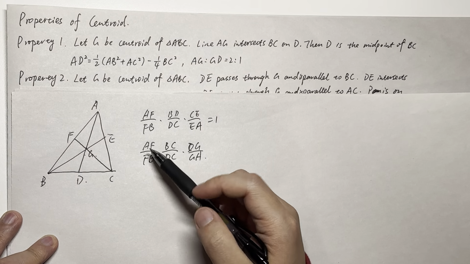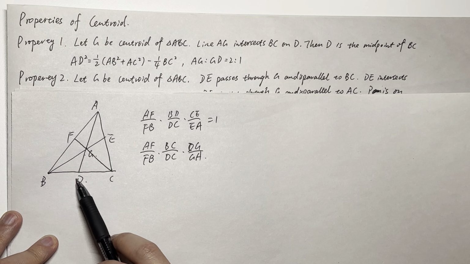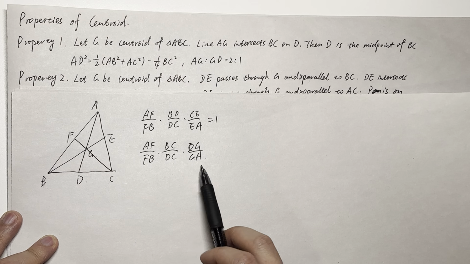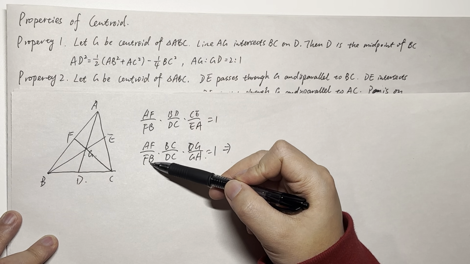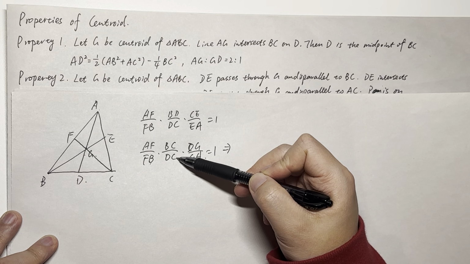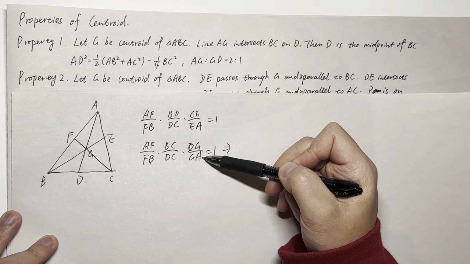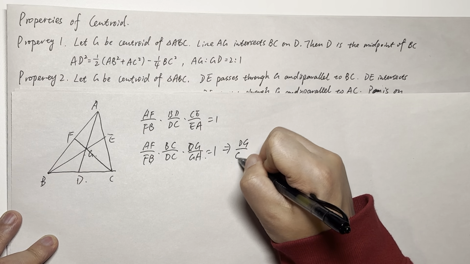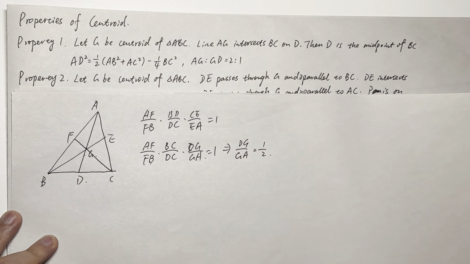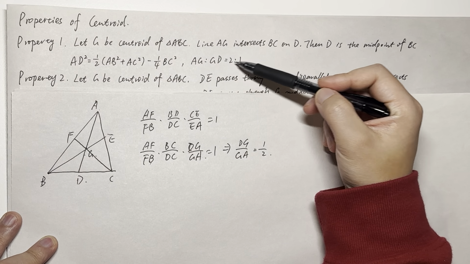So we get AF to FB times BC to DC times DG to GA equals 1, which means AF equals FB. BC to DC is 2, which means DG to GA equals 1 to 2. And here we go, AG to GD equals 2 to 1.